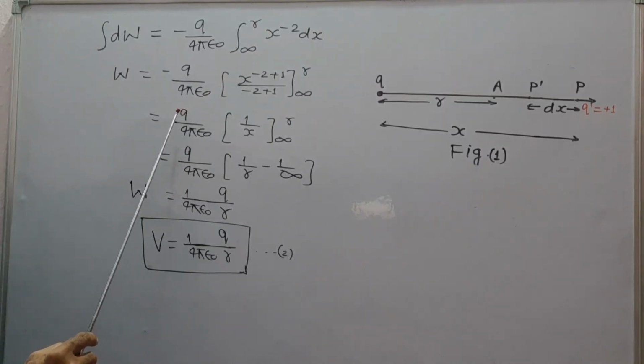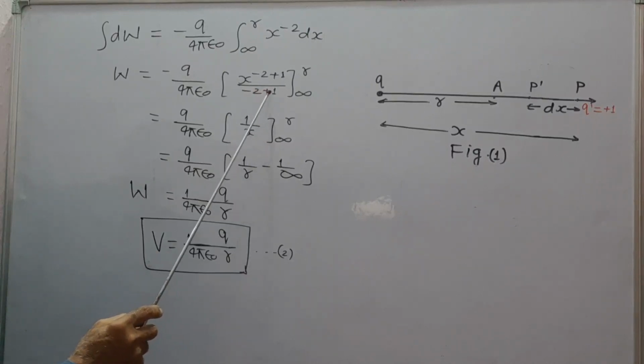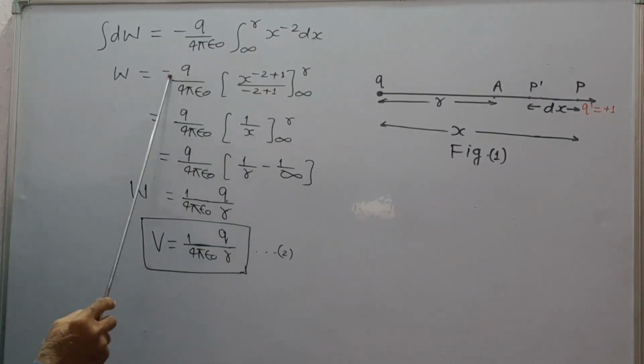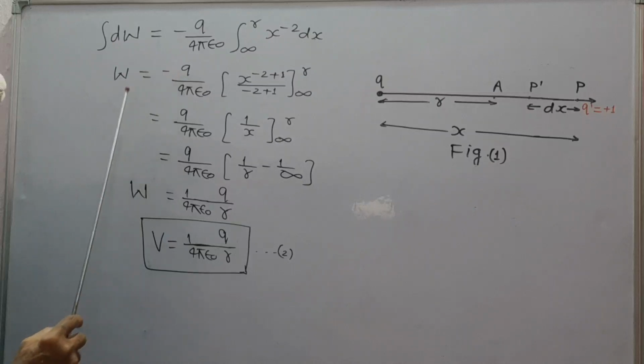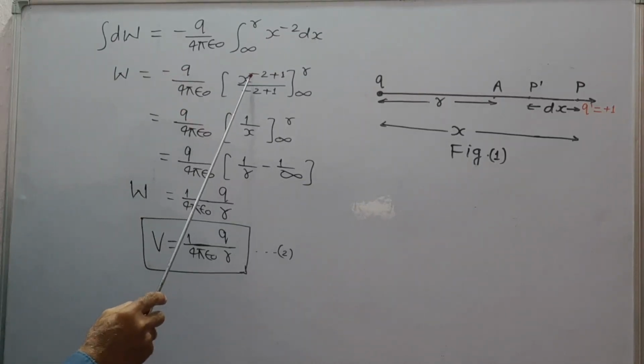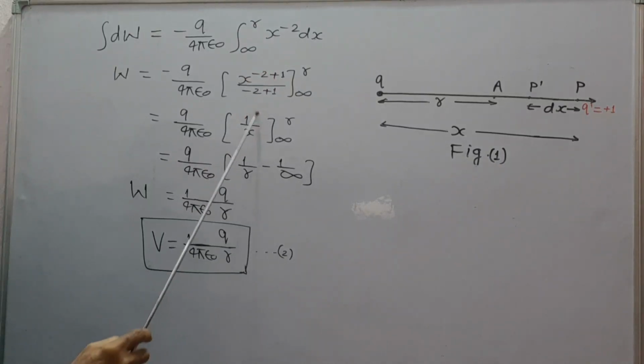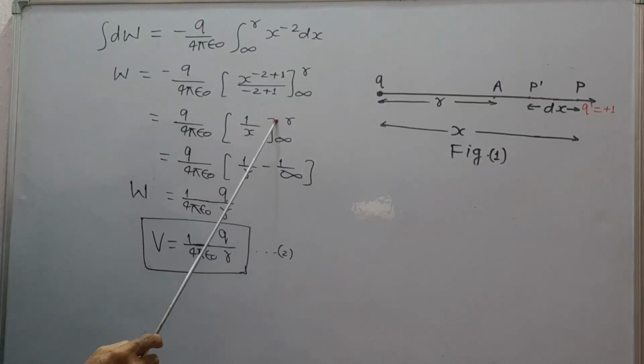Here minus 2 plus 1 gives minus 1, minus minus becomes plus 1. So, we get W = Q/(4πε₀) x⁻¹, which can be written as 1/x, limit from infinity to r, which gives Q/(4πε₀) [1/r − 1/∞], and 1/∞ is 0.